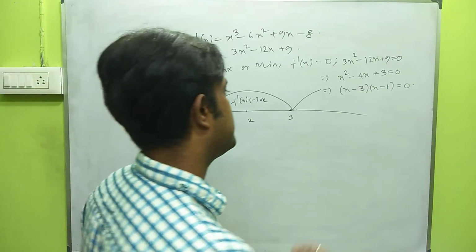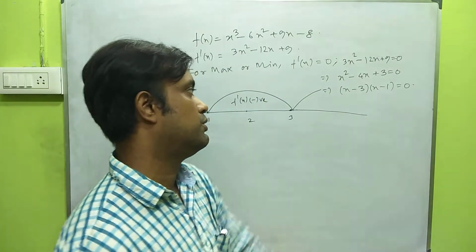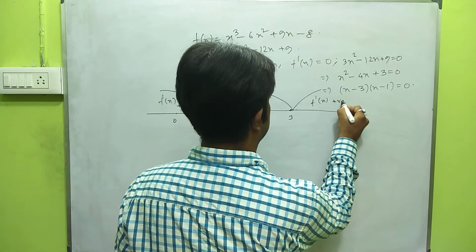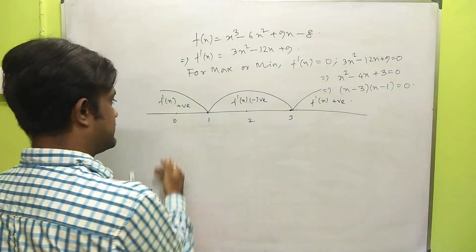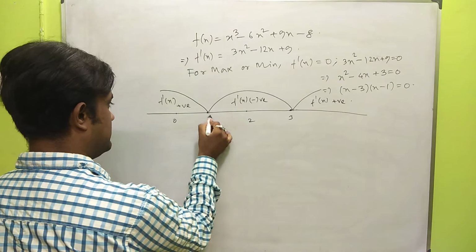And on the right side of 3, suppose 4 minus 3, 4 minus 1, f dash x is positive. So here we see that the sign of f dash x changes from positive to negative with respect to 1.